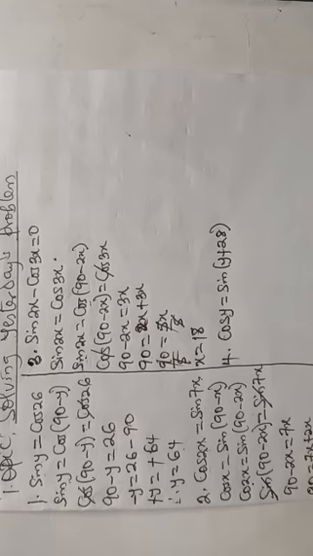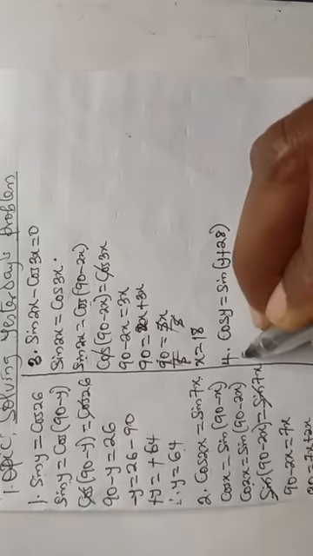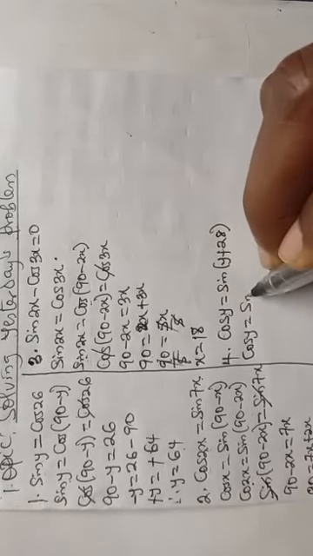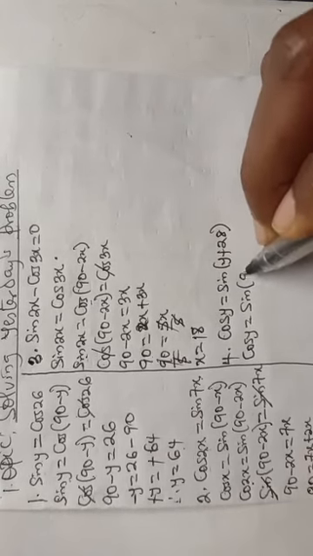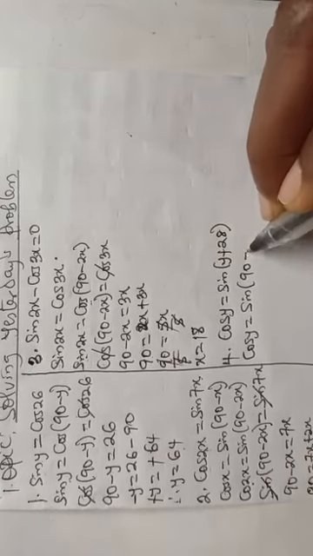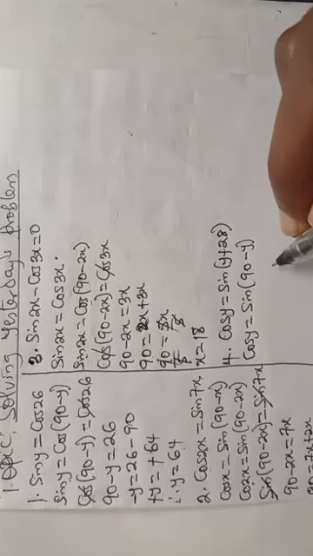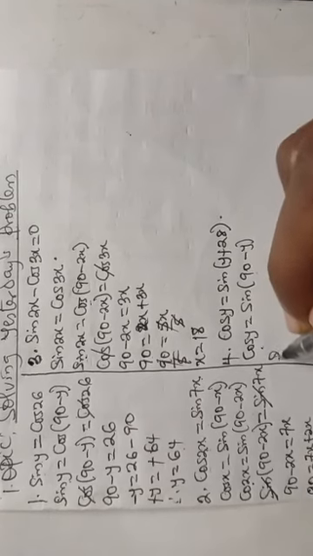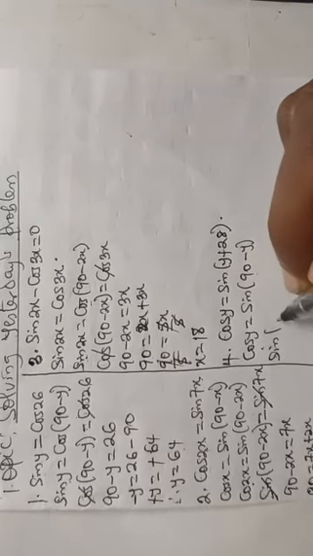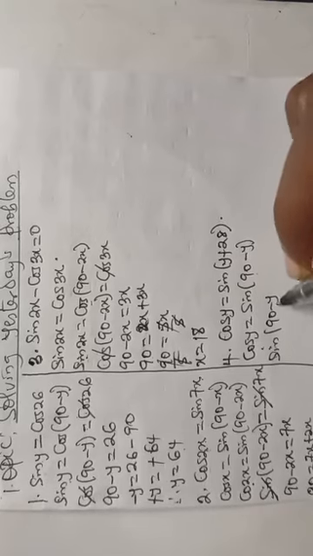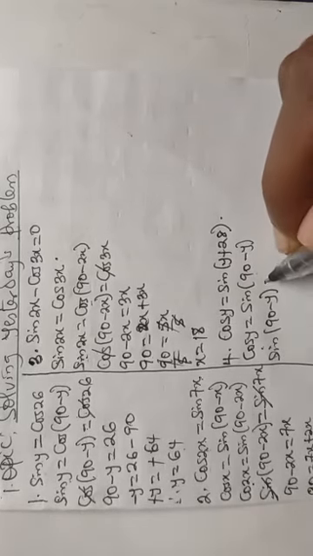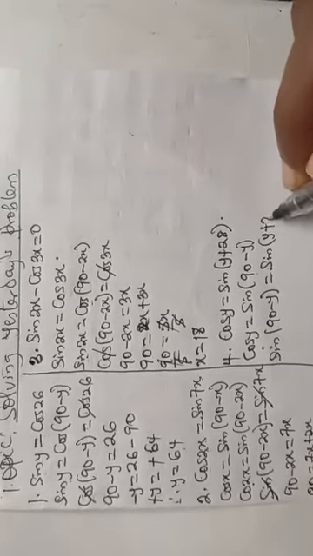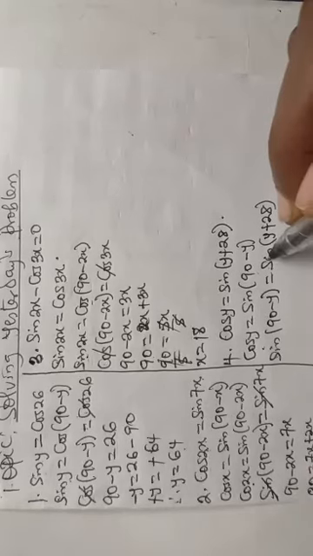Now we have that cos y is equal to sine (90 minus y). So replacing this with this in this first equation, I'm going to have sine (90 minus y) is equal to sine (y plus 28).